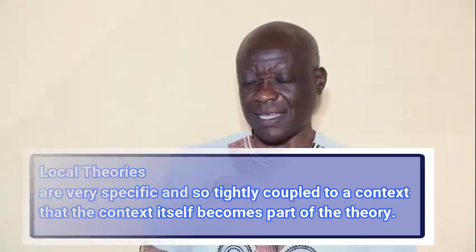So let's just take an example. For example, when outcomes deviate from grand or mid-range theories, right? And here, when I talk about mid-range theories, the outliers, local theories often result from attempts to understand the unexpected results.